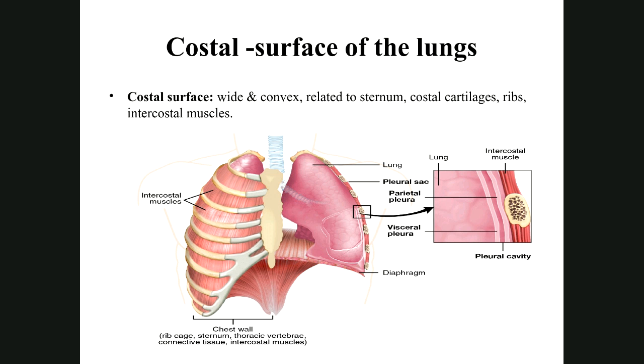This is the sternum, then this is the costal cartilage, and then these are ribs and intercostal muscles. See here, this one, intercostal muscle. All these structures are the relations of the costal surface.